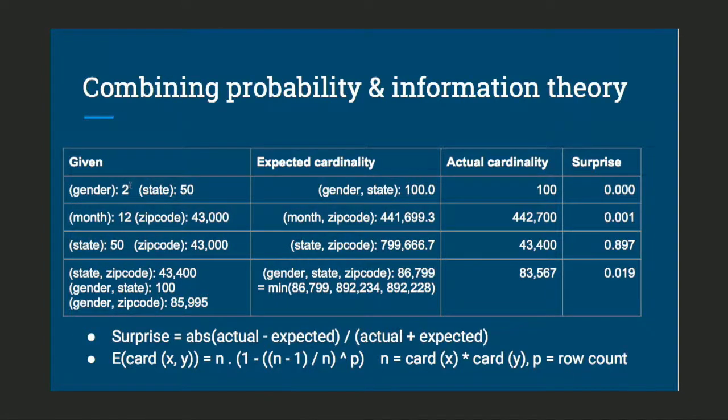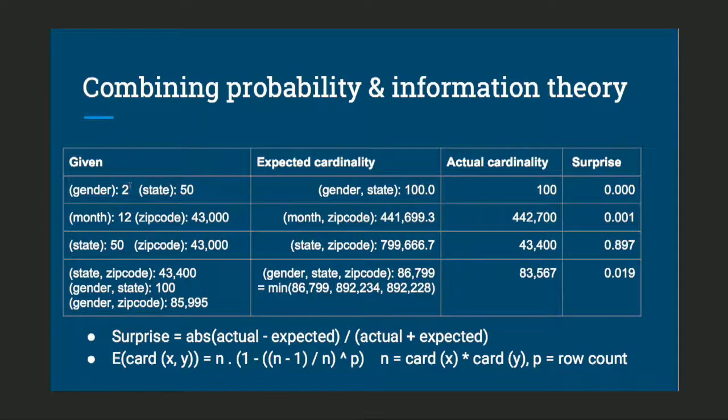And the answer is, yes, it's 100. So this is unsurprising. Month and zip code, again, very unsurprising. The value is very, very close to what we'd expect. The value that is surprising is state and zip code. In other words, this is something that's worth storing.